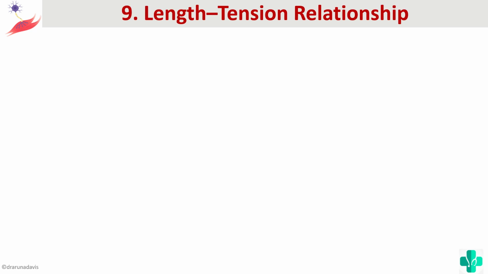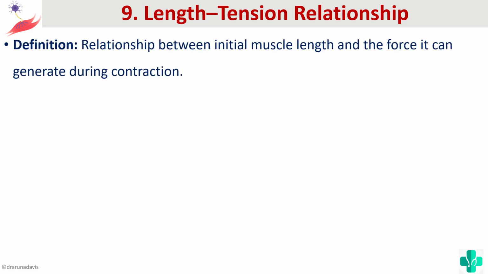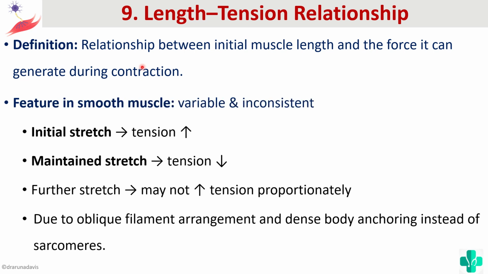Next property is the length tension relationship. When compared to cardiac and skeletal muscle, the length tension relationship of smooth muscle is different, obviously, because it has properties of plasticity and so on. Length tension relationship is the relationship between the initial muscle length and the force it can generate. But for smooth muscles, it's always variable and inconsistent.